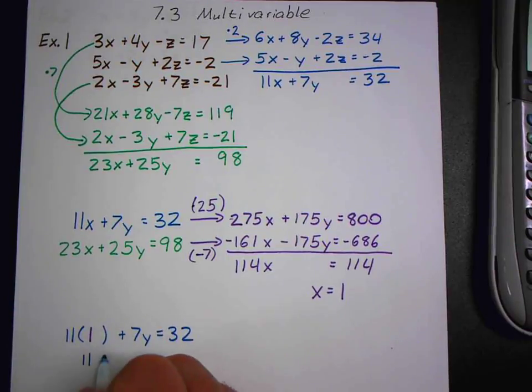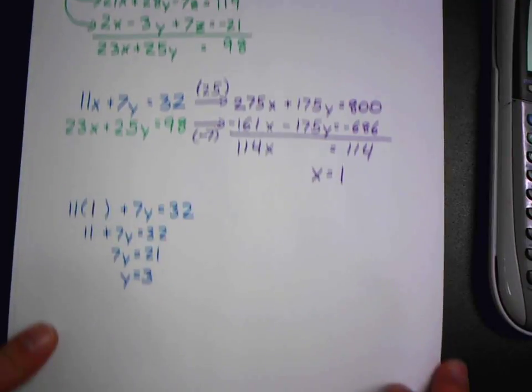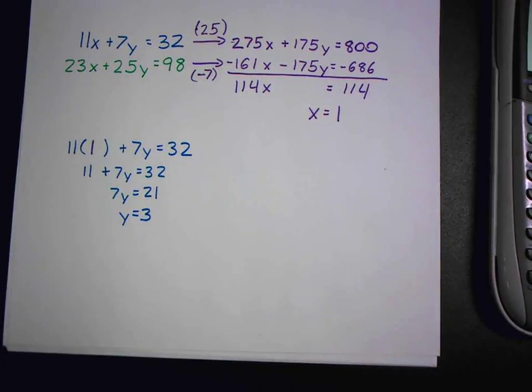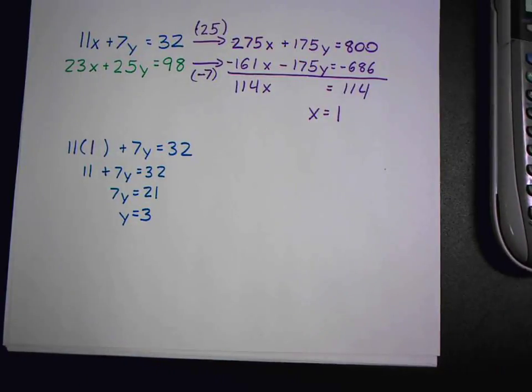So 11 plus 7y equals 32. So 7y equals 21. So y equals 3. Then I go back to one of my original equations and I put x and y into that and find z.